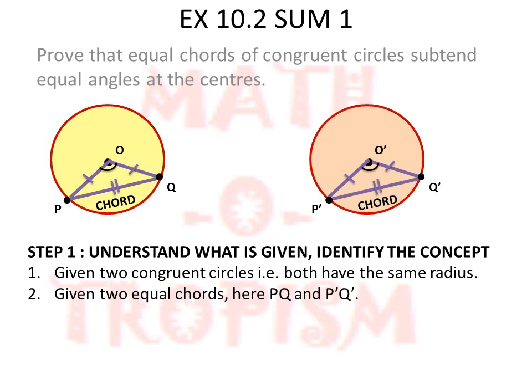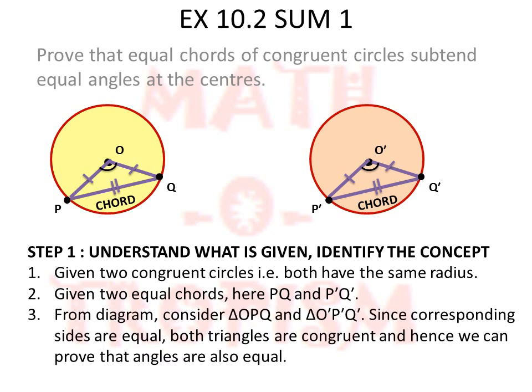So from this diagram, considering the triangles OPQ and O dash P dash Q dash, all the corresponding sides of both the triangles are equal. So from SSS congruence, we can prove that both the triangles are congruent, and from that we can say that the angles are also equal. So thus we can prove.